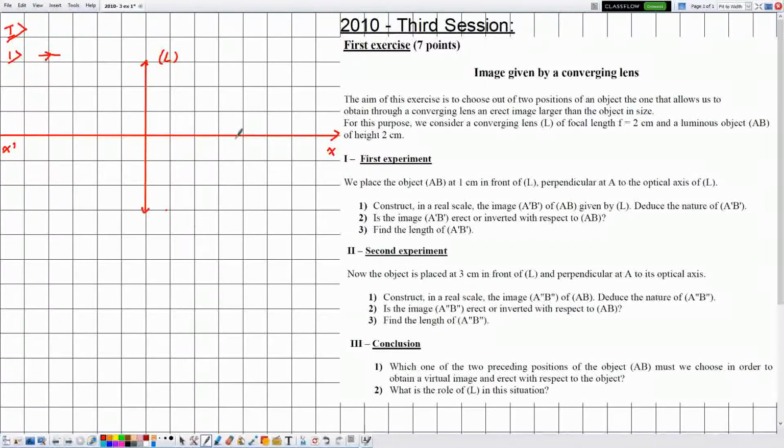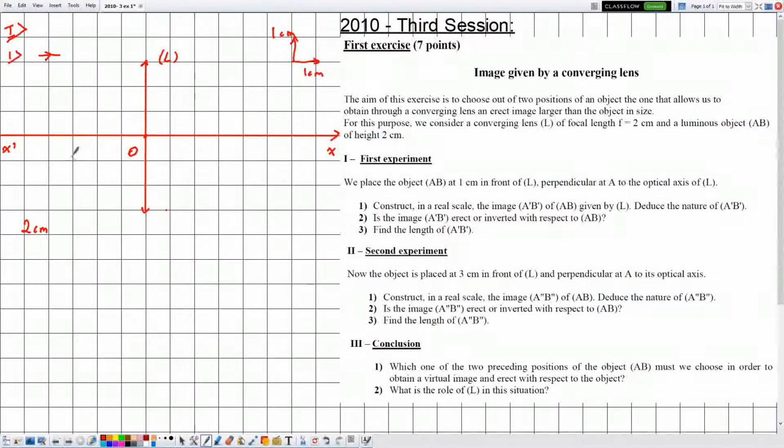The intersection between the optical axis and the lens L is the optical center O. Here they are telling me in a real scale. In a real scale means that along the x-axis we have 1 cm, and along the y-axis we also have 1 cm. Moreover, the focal length is given by f equal to 2 cm.